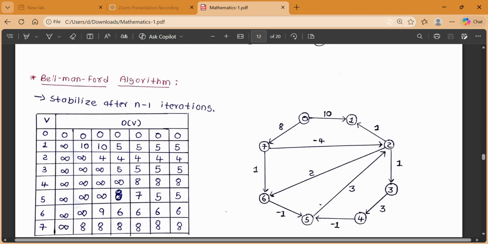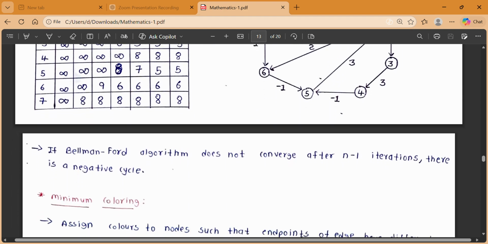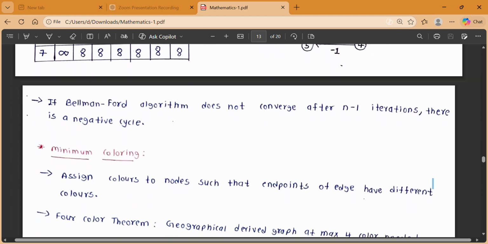Bellman-Ford algorithm stabilizes after N minus 1 iterations.